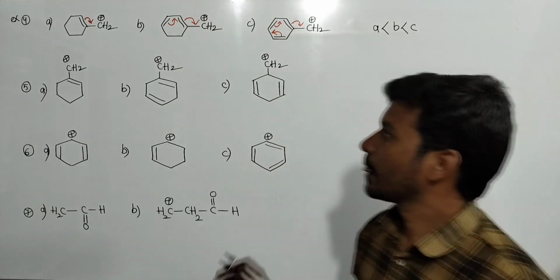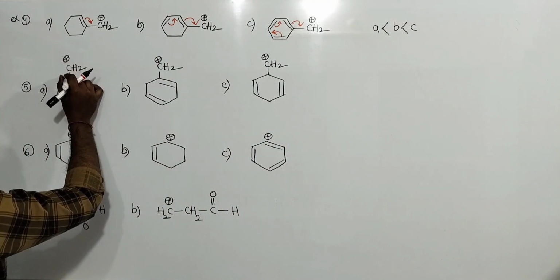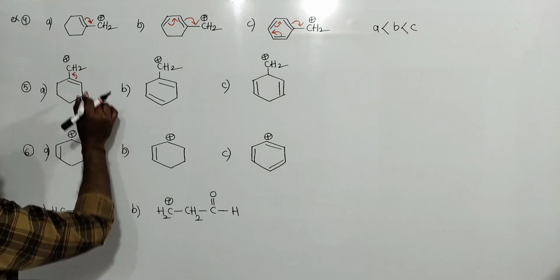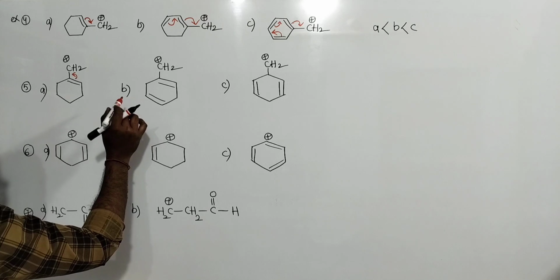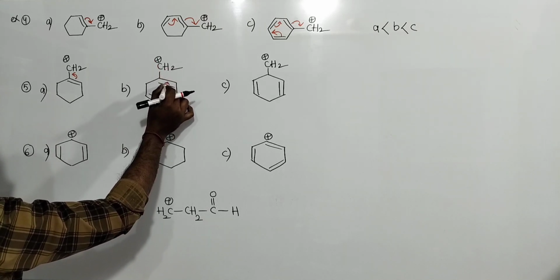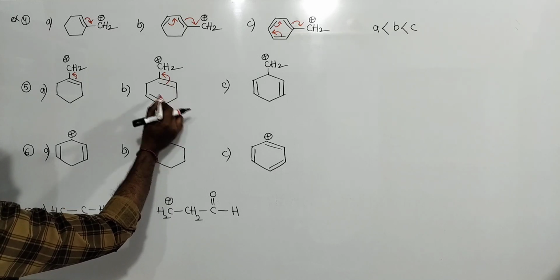Next, here see double positive charge, single bond, double bond. Delocalization is possible, stabilized by resonance. Here double bond, positive charge, single bond, stabilized by resonance. Here single bond, not conjugative.